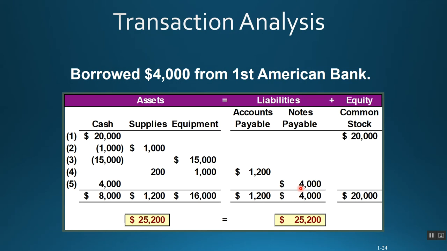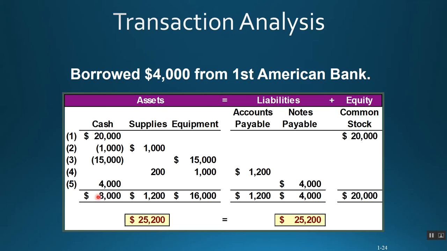So now we borrowed $4,000 from First American Bank. Where's the sale coming in? So we borrowed money. We got more in debt because we needed more money. We borrowed $4,000 from the bank, so that's a notes payable. So now we have $5,200 in debt.